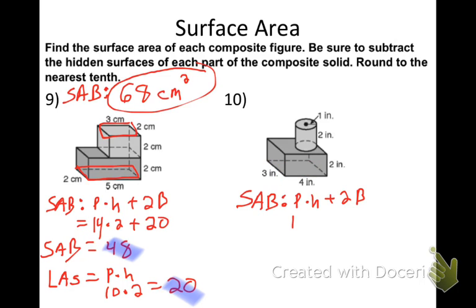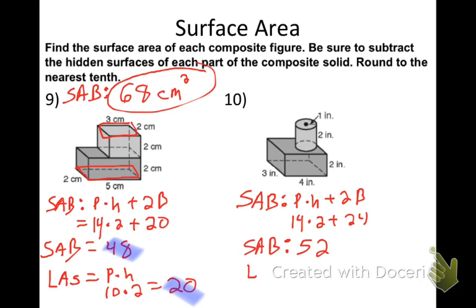The perimeter is 14 times what's the height? 2. Plus, what's the bases times 2? 24. So the surface area of the big prism is 28 plus 24, which is 52.